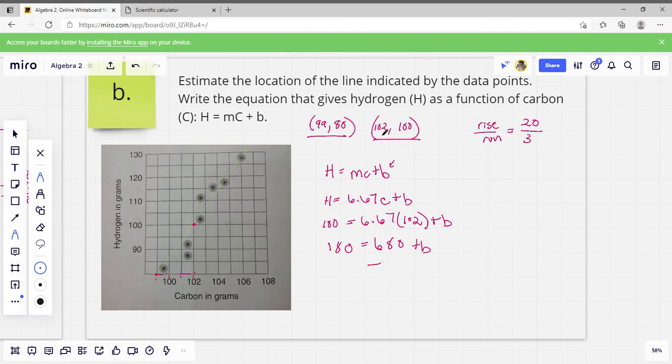So now we're going to do minus 680. That would be 500. I don't think that could be right. Because that's where it crosses the y line. Yeah, I've got something mixed up here. Okay.